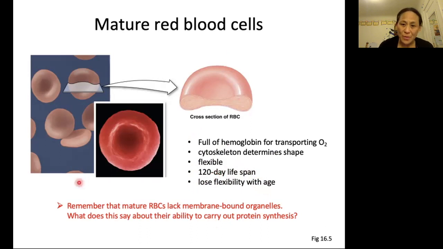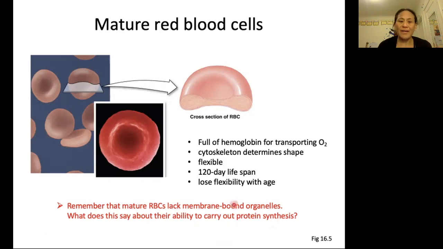And I have this question for you. If you remember that mature red blood cells lack membrane-bound organelles, what does that say about their ability to carry out protein synthesis? Think about that for a moment. Hopefully you have enough of a biology background to know that if you do not have membrane-bound organelles such as a nucleus or an ER, you will not be able to carry out protein synthesis.